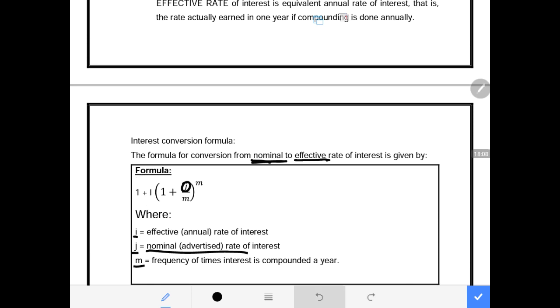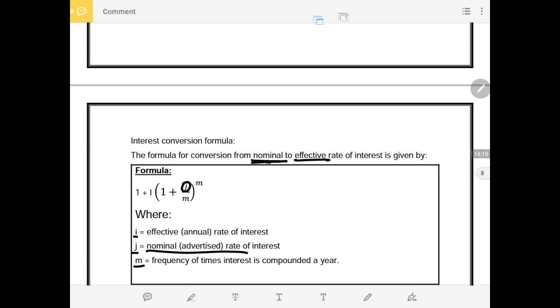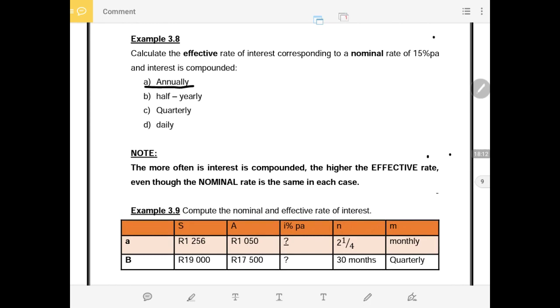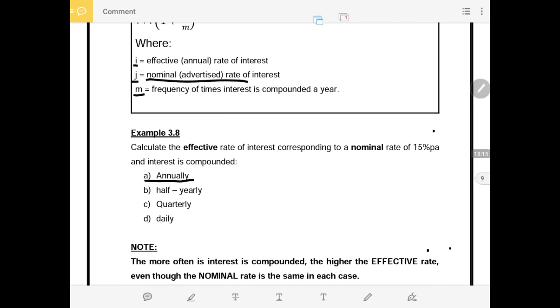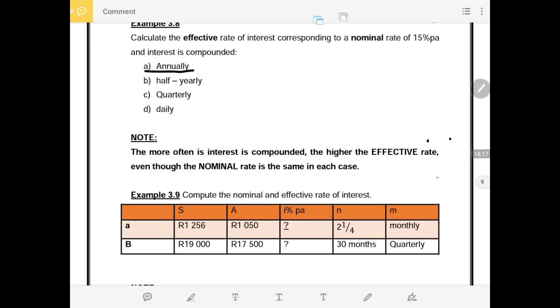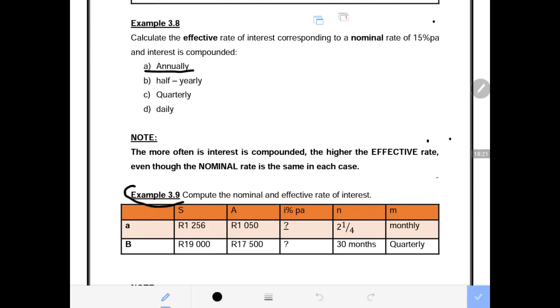So now there's another formula that you also don't have to worry about how it is derived. But before I do that, I'll first do this example of 3.9, where we further do the conversion of nominal into effective.